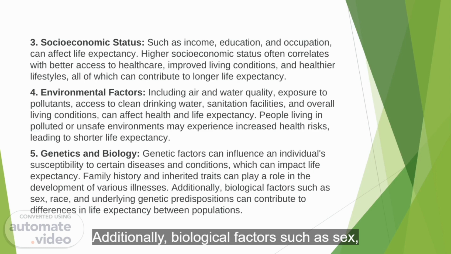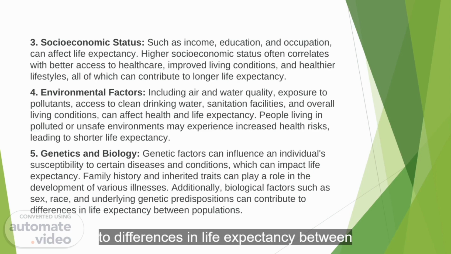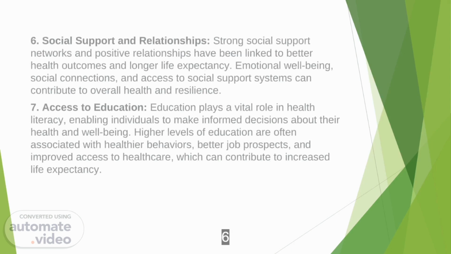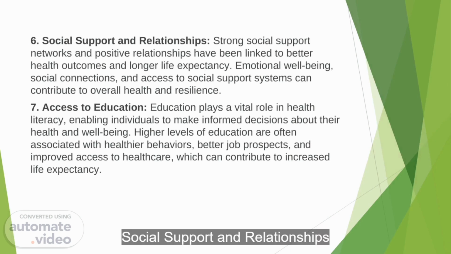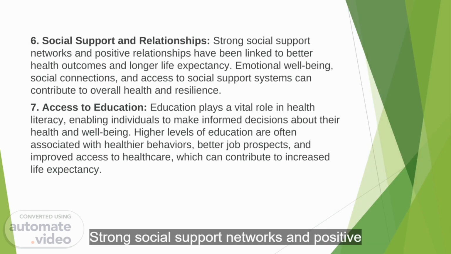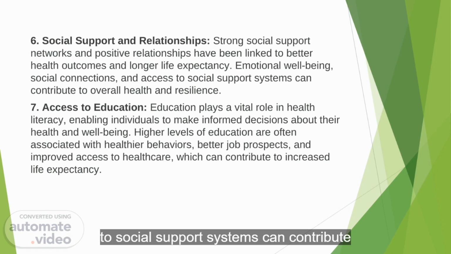Additionally, biological factors such as sex, race, and underlying genetic predispositions can contribute to differences in life expectancy between populations. 6. Social support and relationships. Strong social support networks and positive relationships have been linked to better health outcomes and longer life expectancy. Emotional well-being, social connections, and access to social support systems can contribute to overall health and resilience.